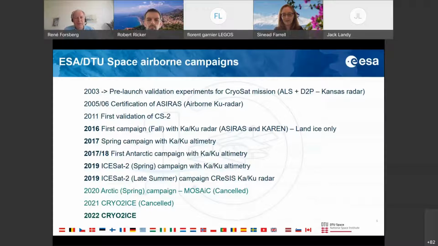We had the spring campaigns, we had the first Antarctic campaign, and then in 2019, we had both a spring and a late summer campaign to underfly IceSat 2 and CryoSat also. We also tested a new radar in the 2019 campaigns. We had different radars, and CryoSat had the broadband radar, which was really a large step forward.